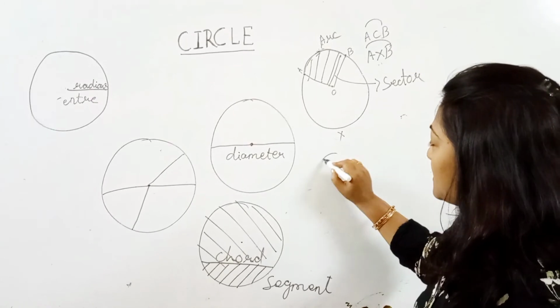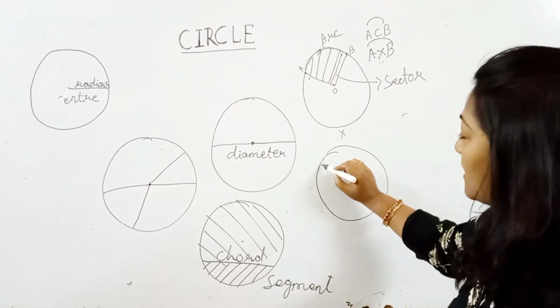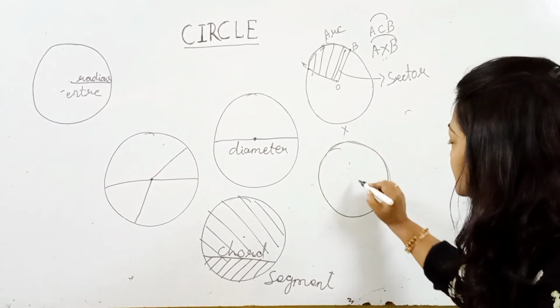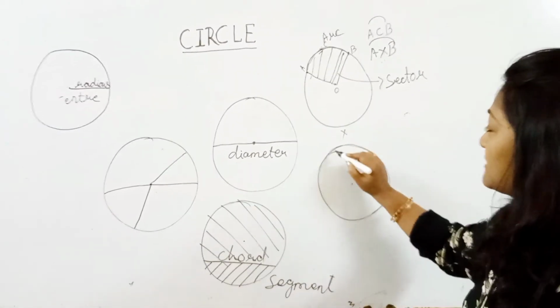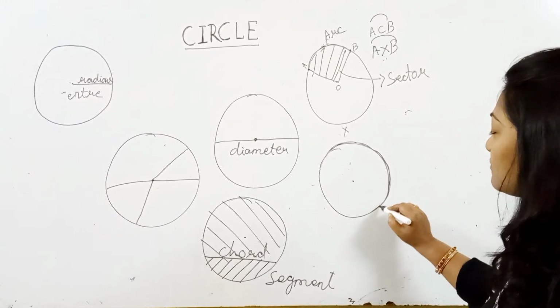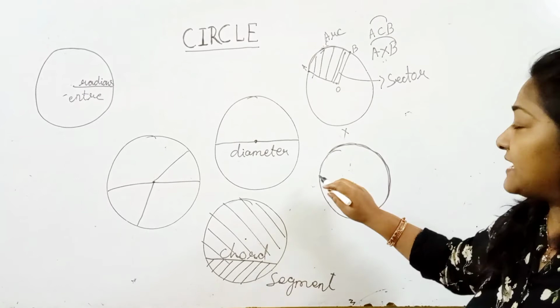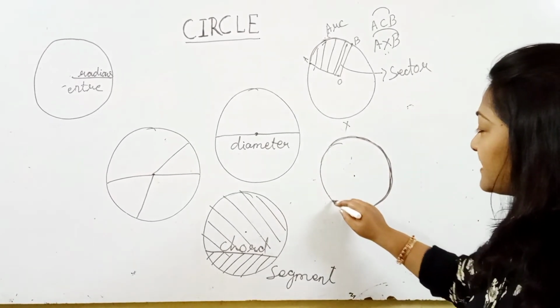I explained the circle, and the whole arc of the circle is known as your circumference. It means if you move around the circular part, this region is known as your circumference.